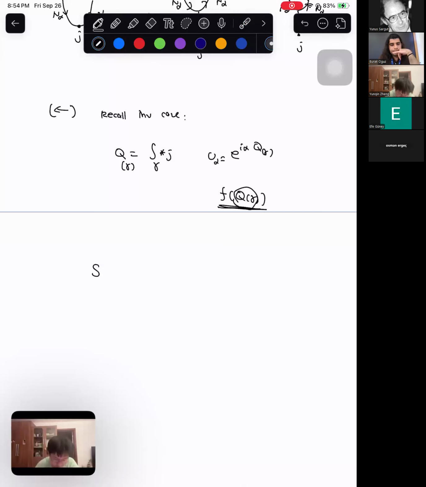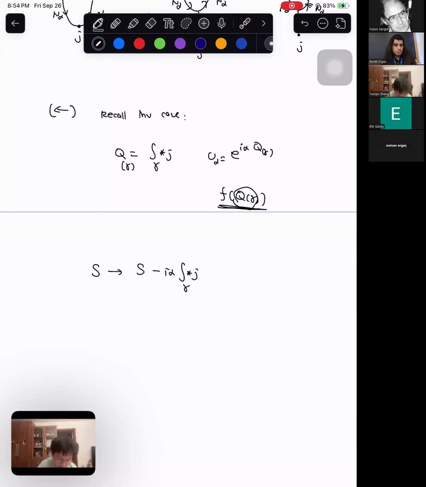So we started with the action. In order to turn on this topological operator in the path integral, we can deform the action by adding a source term.